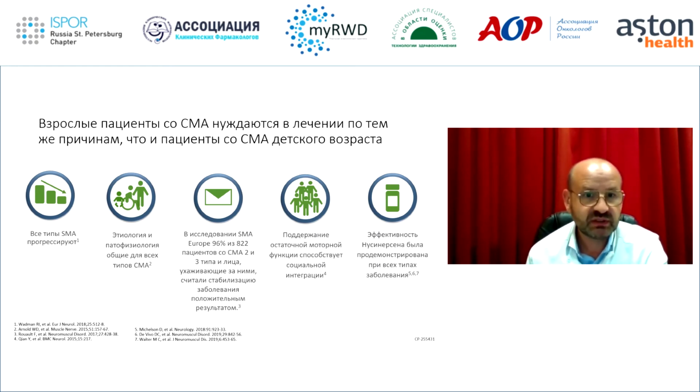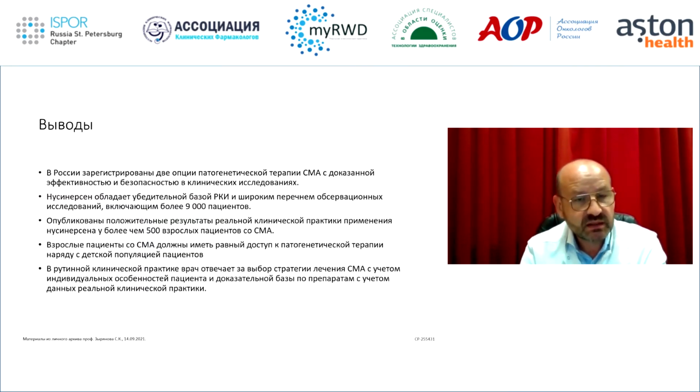Despite the slow progression of SMA, patients still can maintain their lifestyle, and we can maintain the motor function of an adult, and thus we can say that in Russia we have randomized clinical trials data and RWE data obtained from a large number of patients with SMA.